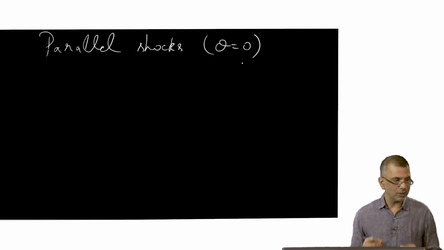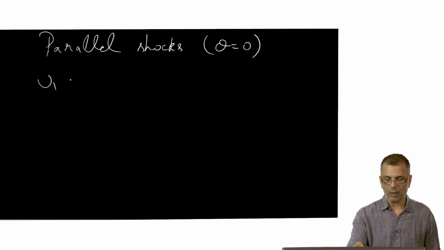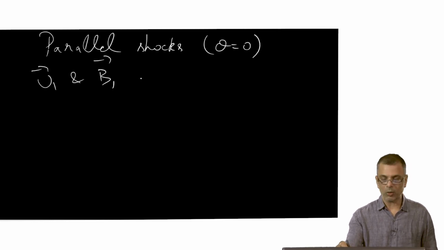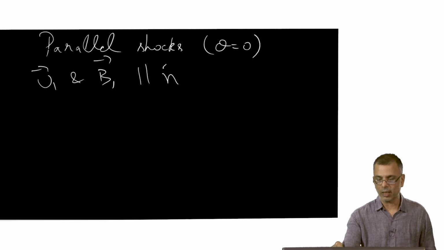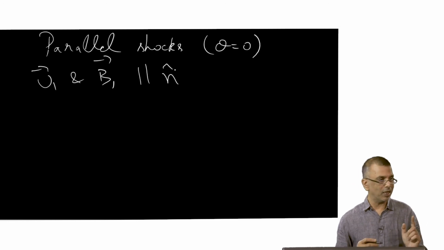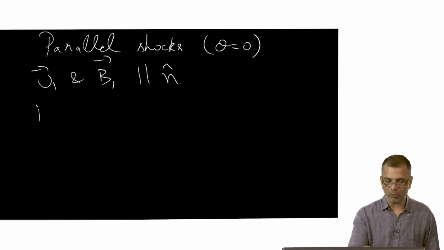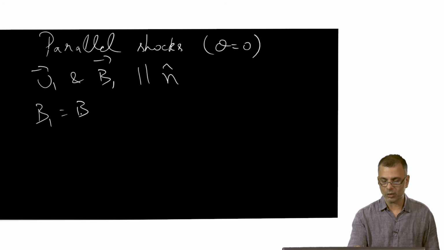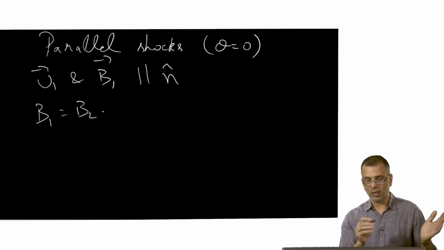In this case, u1 and B1 both are parallel to n hat. And so in the simplest case, where B1 is equal to B2, the magnetic fields on the two sides are the same.